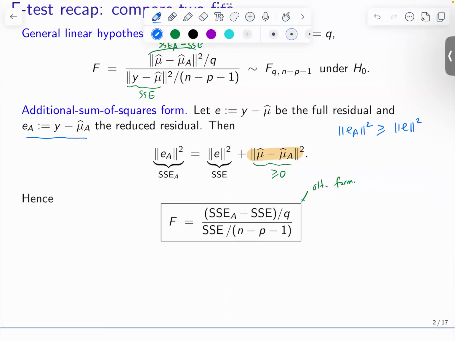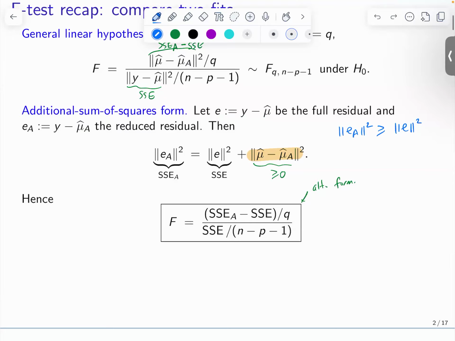You can think of mu hat A as the part of y explained by the reduced model, and this measures how much it's not explained. The difference of y and mu hat A is how much is not explained by the reduced model, and similarly mu hat is the part of y explained by the full model, and E measures how much is not explained. So the inequality says that the part not explained by the reduced model is always at least as large, in terms of the norm, as for the full model.